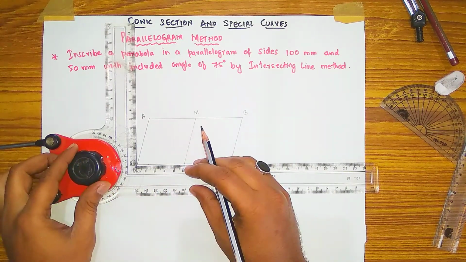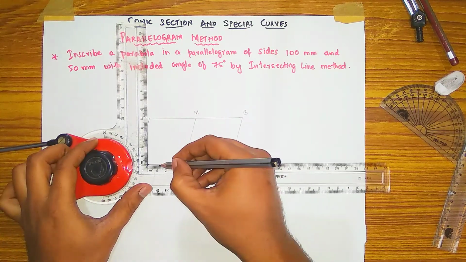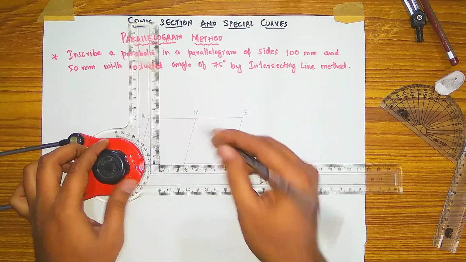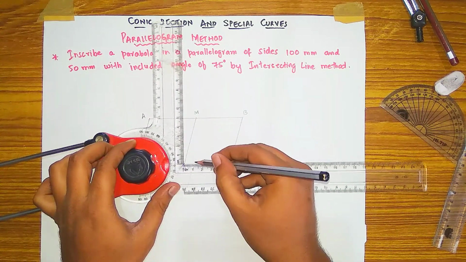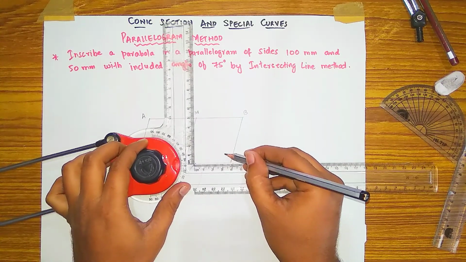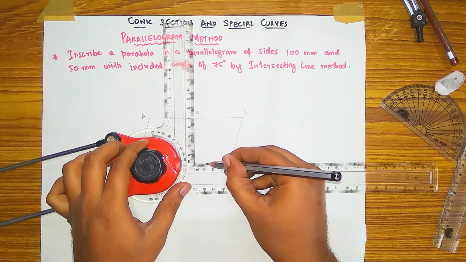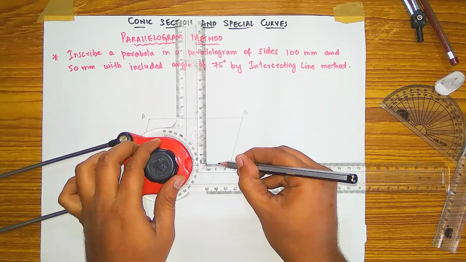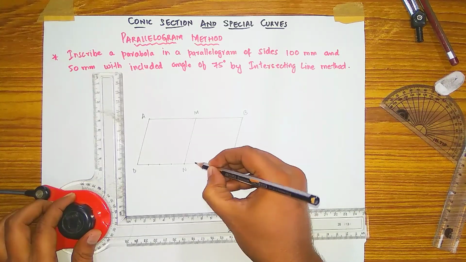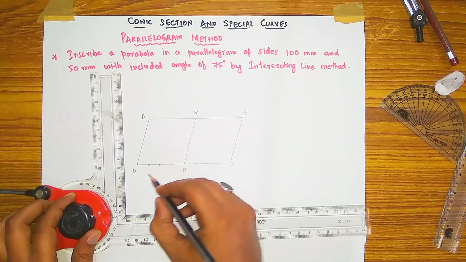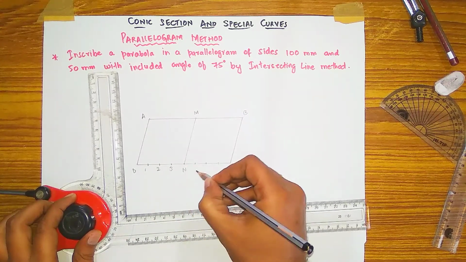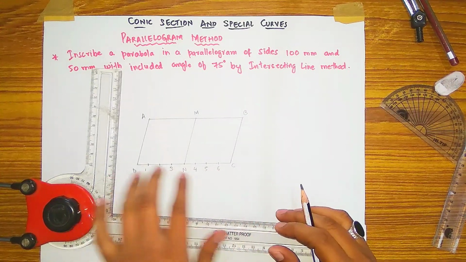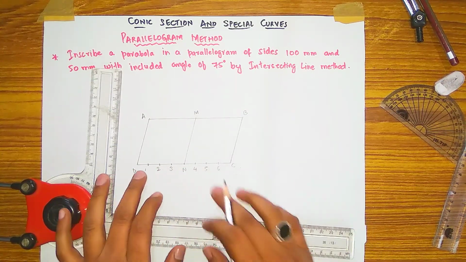You have to take 12 mm distance like this. By taking these points, number them as 1, 2, 3, 4, 5, 6. Now we have divided this 10 centimeter line into 8 equal parts.